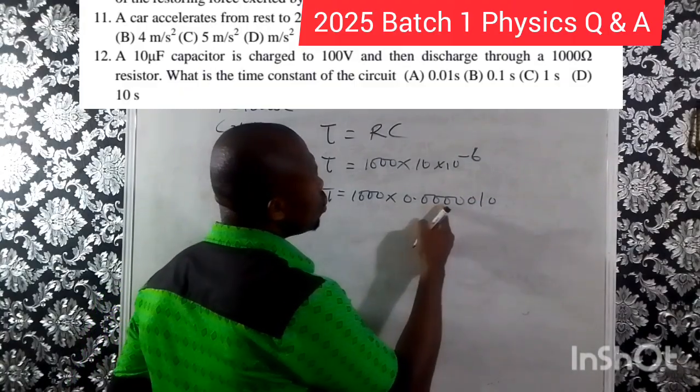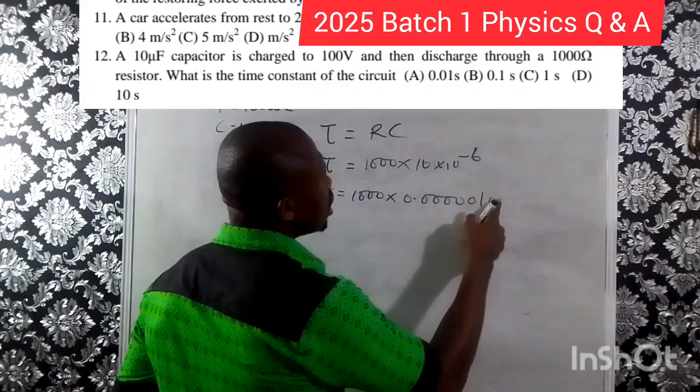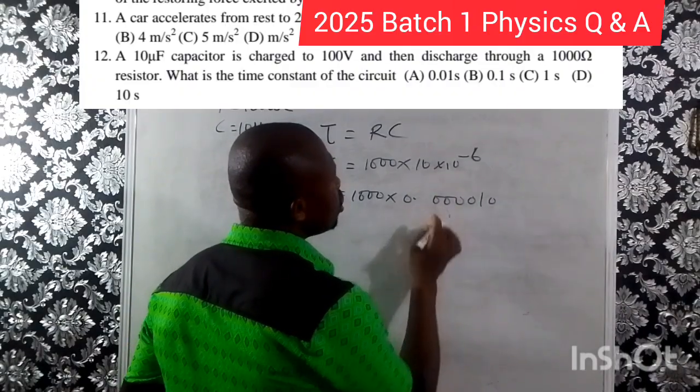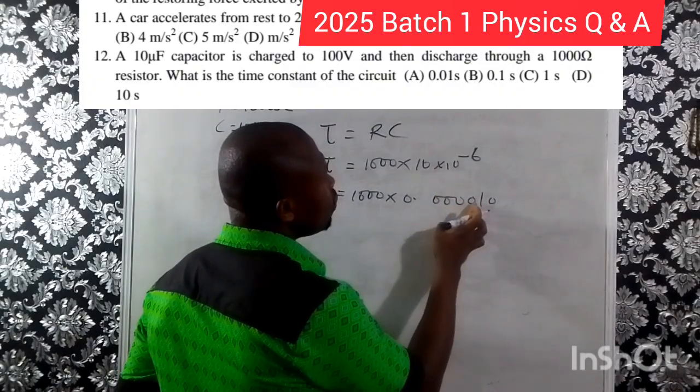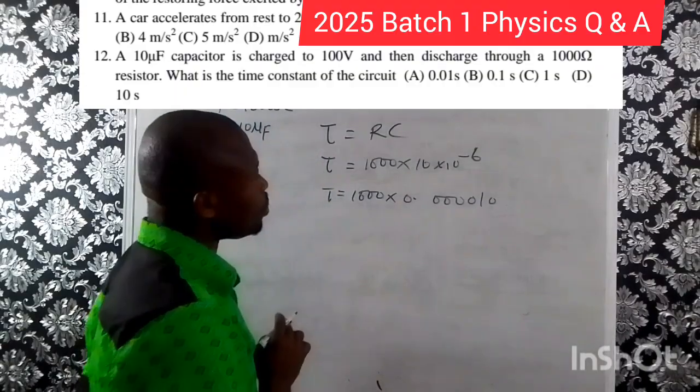That means 1, 2, 3, 4, 5, 6 decimal places.